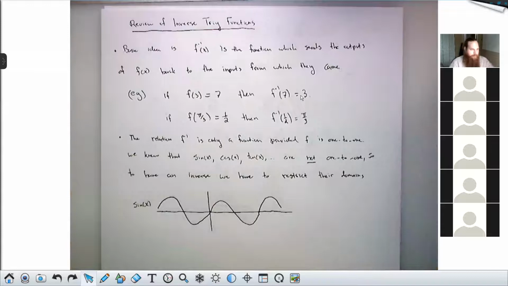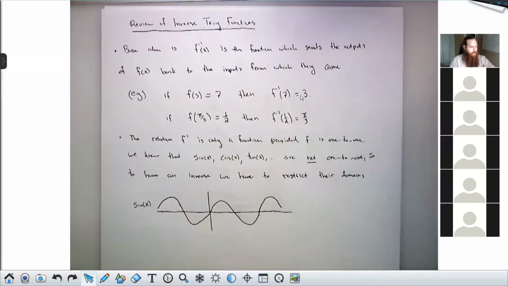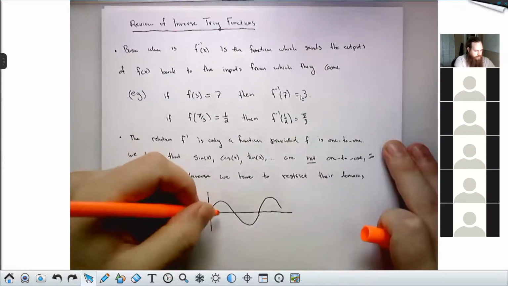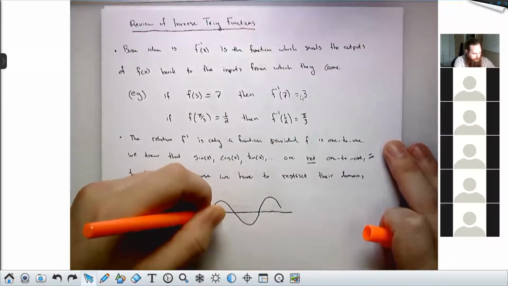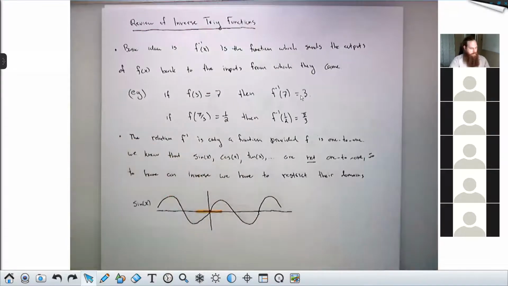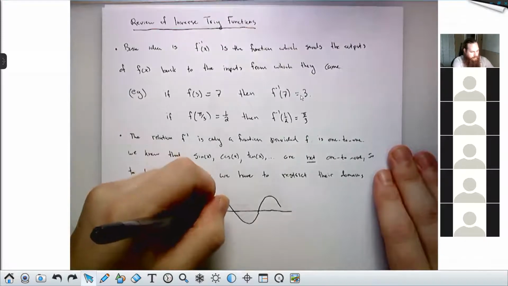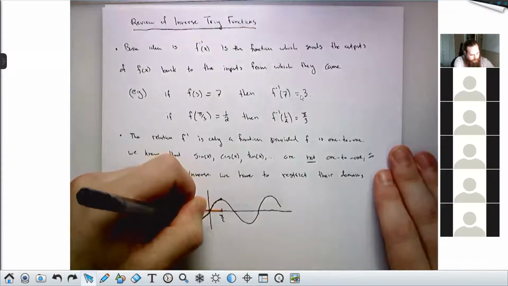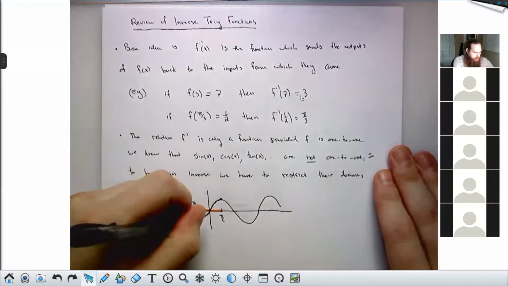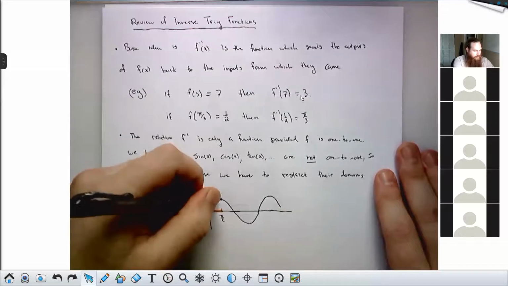We restrict the domain. Is my highlighter gone? No, here we go. We restrict the domain to just this interval, which is negative pi over 2 to positive pi over 2. And then this piece, closed on the endpoints, is 1-to-1.